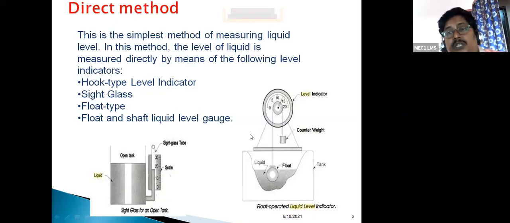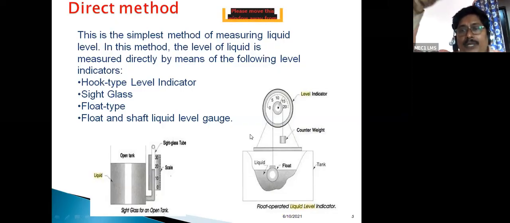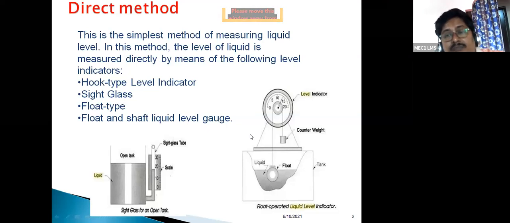The dipstick method. In a tank containing some liquid, you can measure directly by dipping a scale. That is why it is called the dipstick method. By dipping a long scale, we can measure the level directly by making a mark. That is a direct measurement, one of the first methods to measure the height of the liquid in a tank.